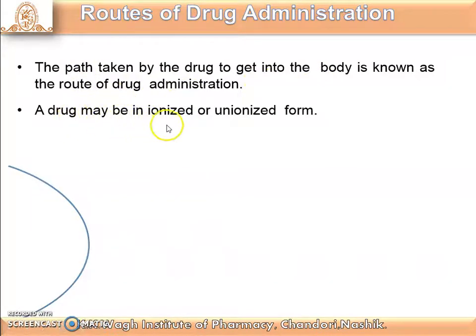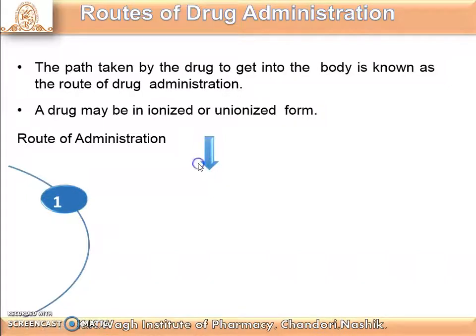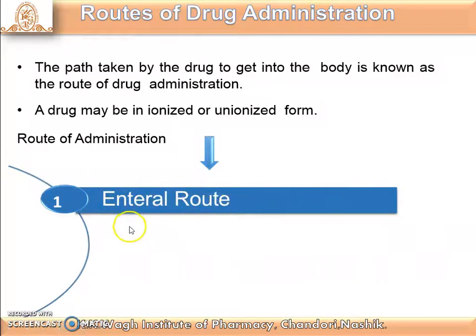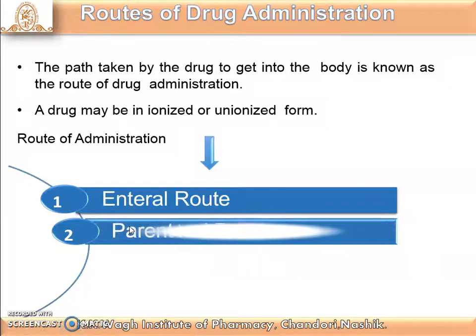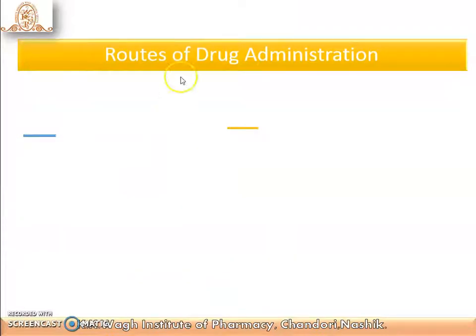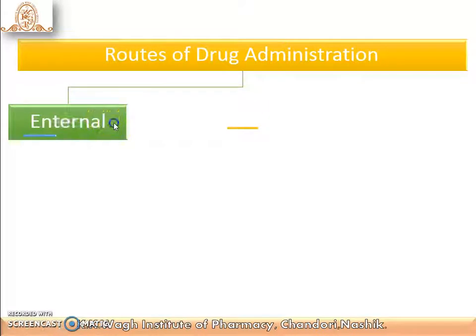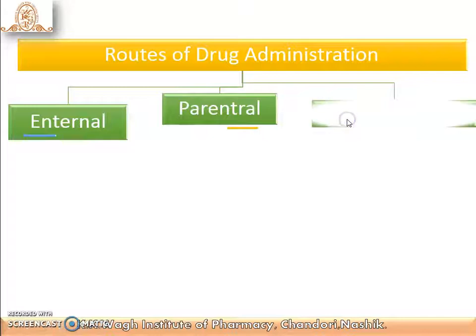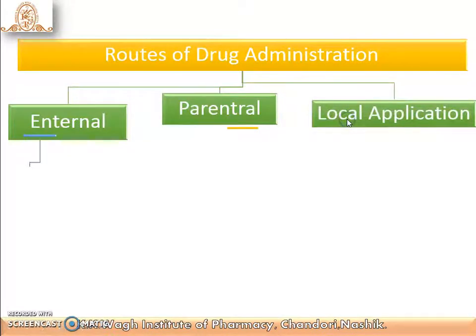A drug may be in an ionized or in an unionized form. Routes of drug administration are divided into mainly three parts: first is the enteral route, then the parenteral route, and third is topical or local applications.